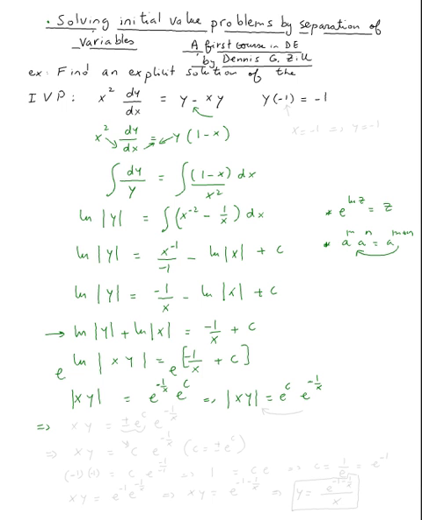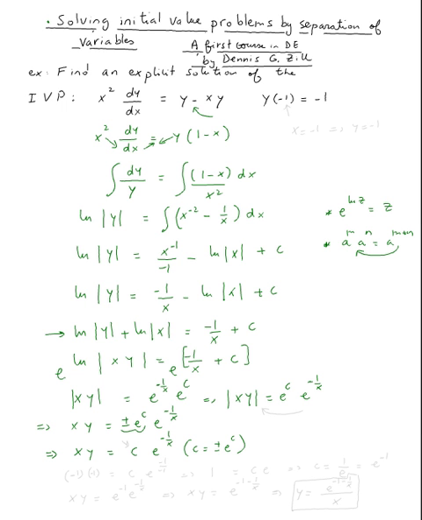Now, solving the absolute value means xy is equal to minus or plus e to the c times e to the -1 over x. Now I can call all this just some constant c, times e to the -1 over x, and my constant happens to be minus or plus e to the c.